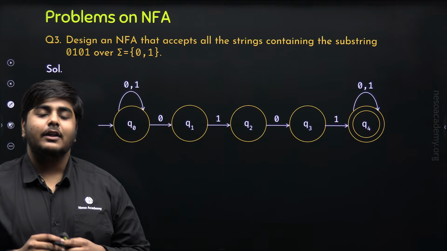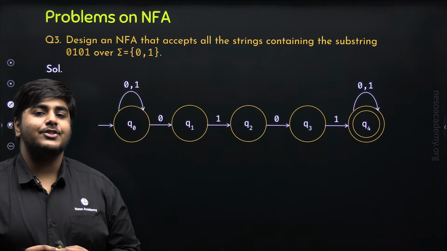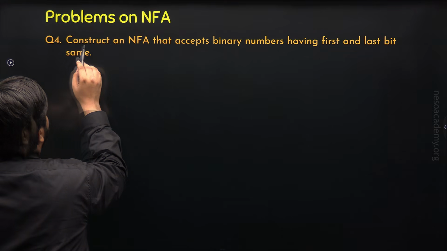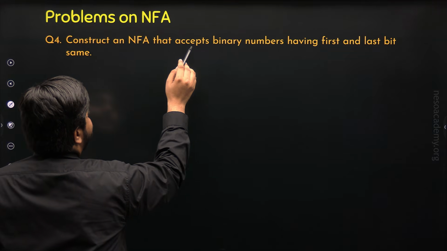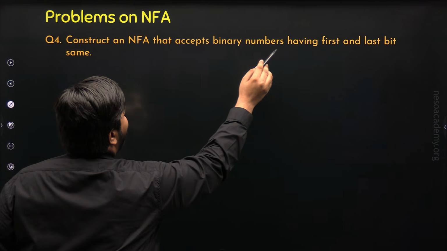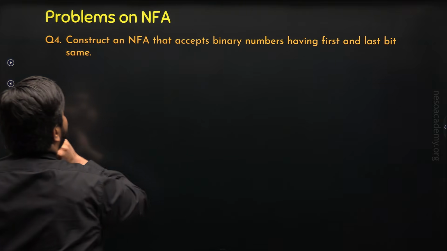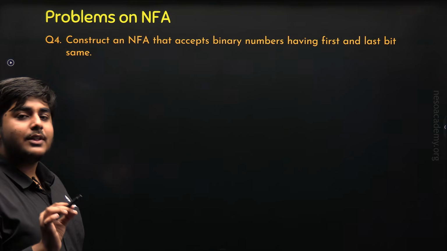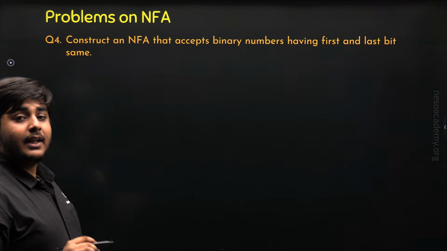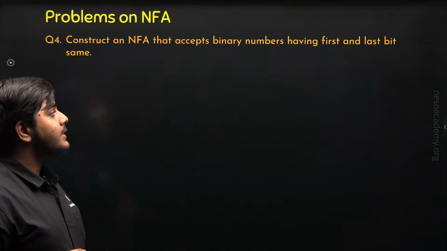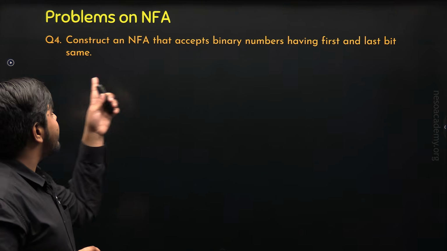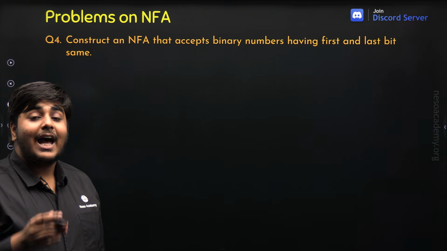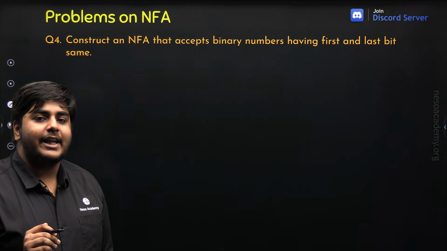Now let's move forward towards our last question. Construct an NFA that accepts binary numbers having first and last bits same, which means you are required to construct an NFA that accepts all the binary numbers having first and last digits same.